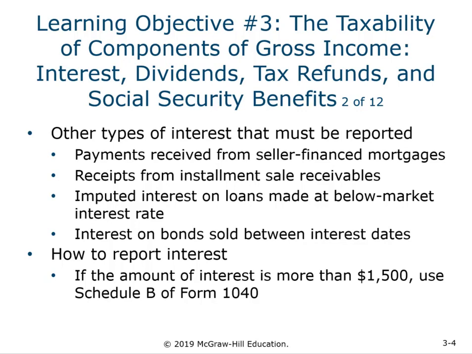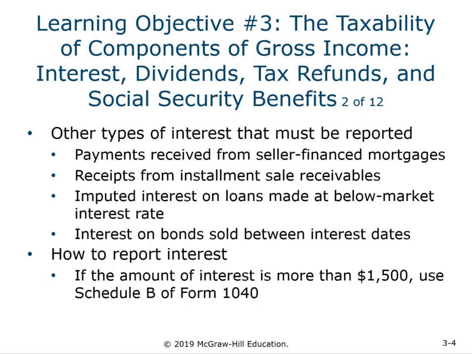Okay, even in situations where there is a loan with no interest or very low interest stated. So, for instance, Uncle Bob gives you a loan at below market interest rate, maybe zero, says, here's a loan. It's a formal loan. There's a note there. Everybody signs it. You treat it like a loan, but there's no interest on that loan.